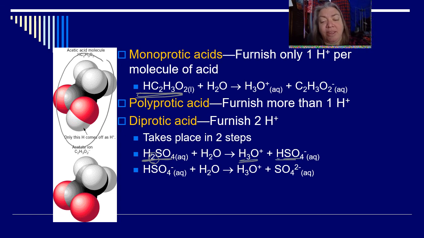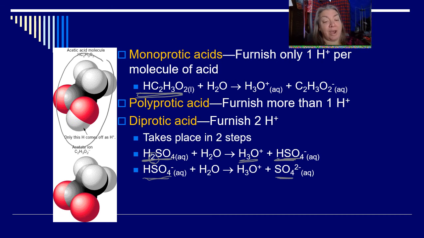And then looky here, we have HSO4 minus. So we took away one hydrogen, something that was positive, so it left it with a negative charge. And then water says, oh, look, there is an HSO4 minus molecule. Let's steal another hydrogen. And it does that, and it leaves sulfate.